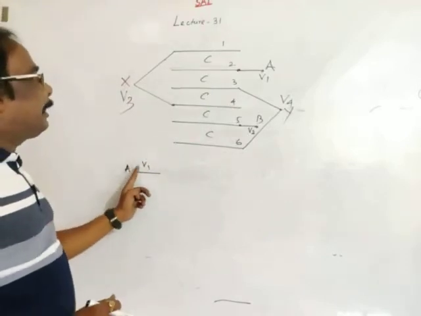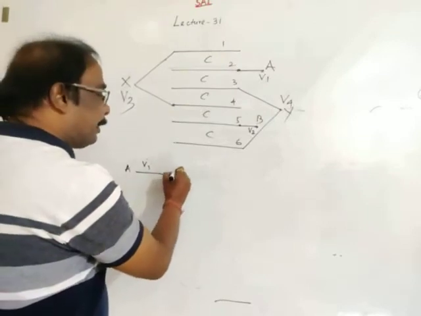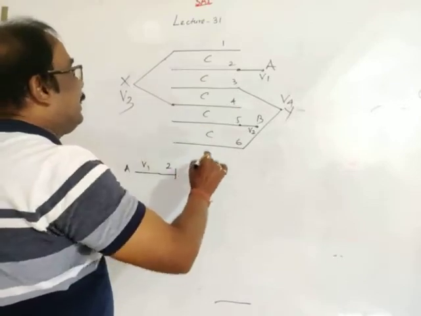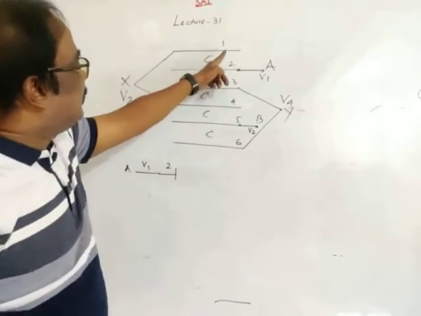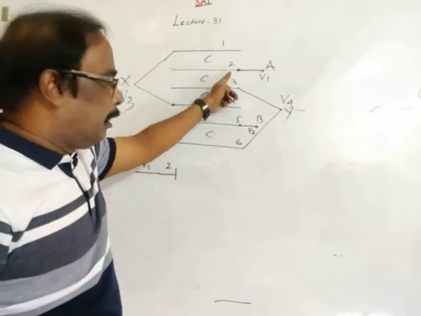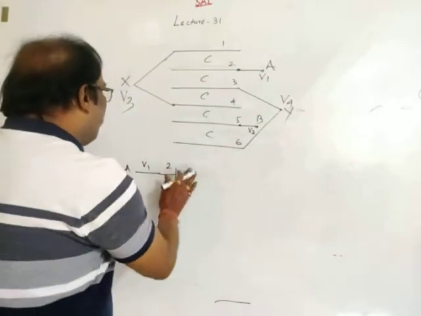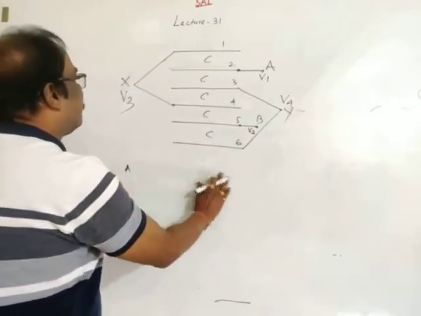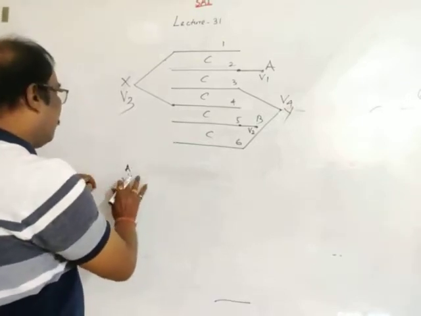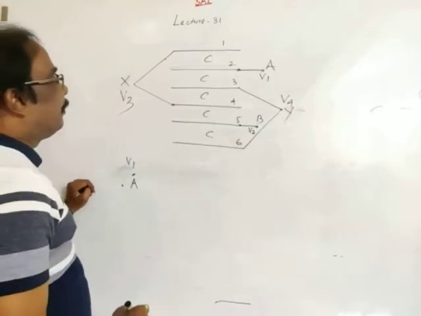Point A is connected to plate 2, and this is plate 3. Plate 3 is at potential V4. Of course, you may take it like this. Potential is V1.